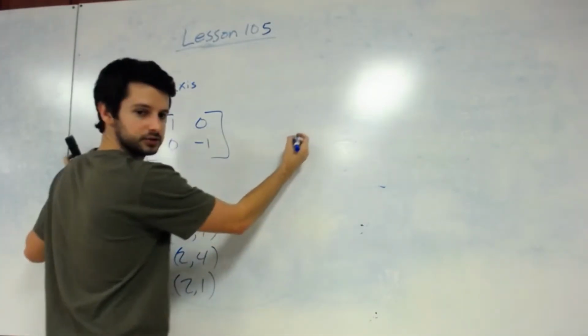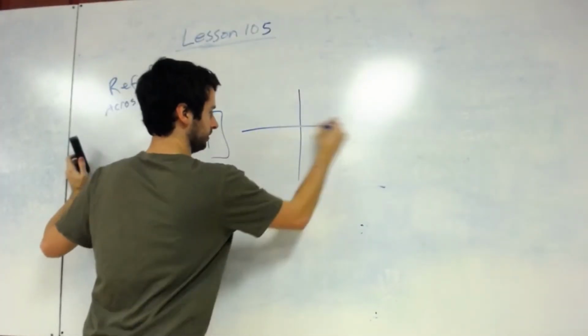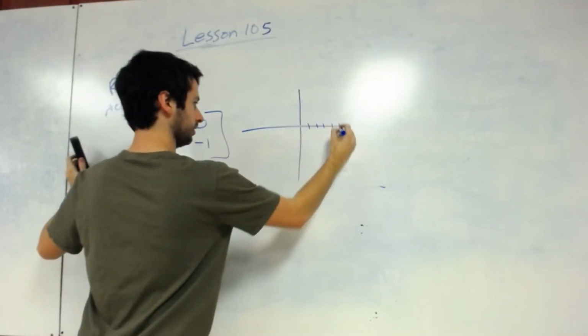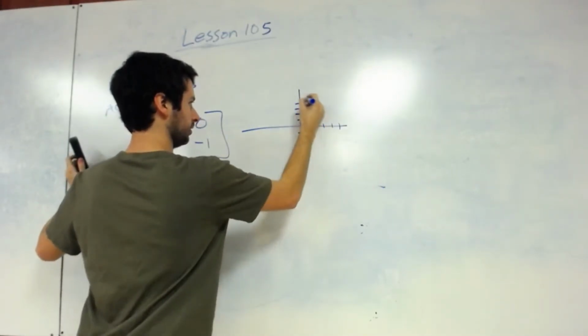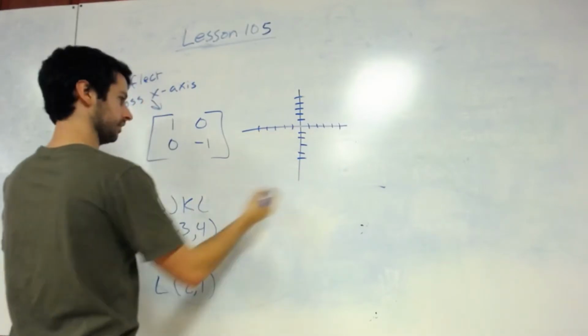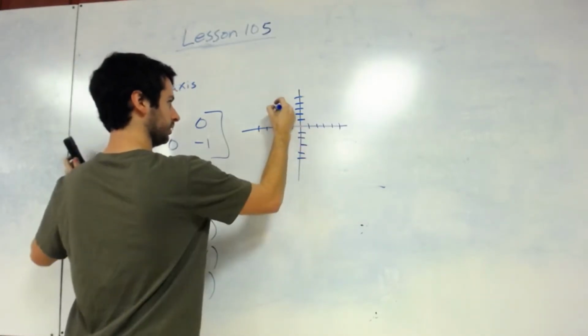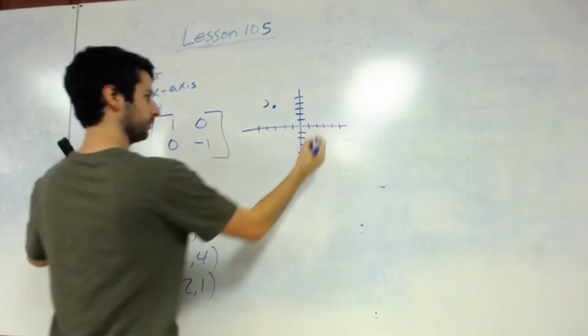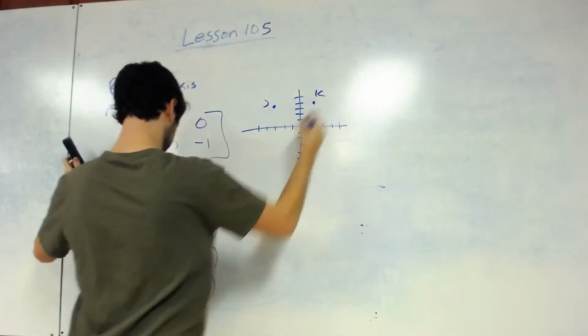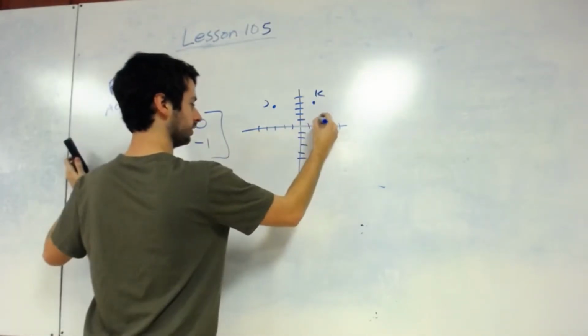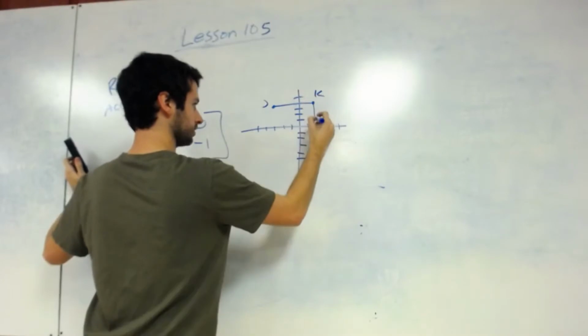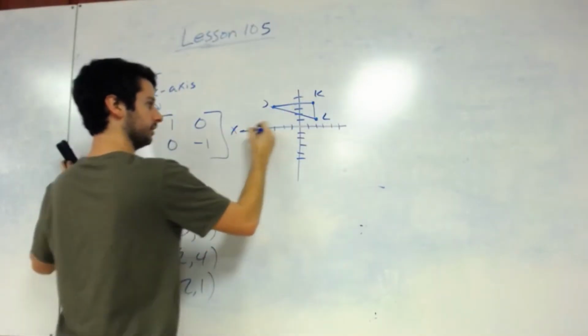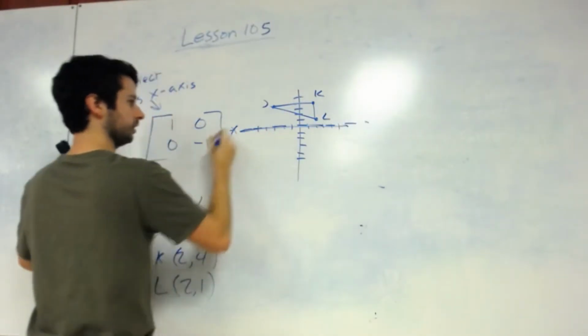If I draw it out, -3, 4 is J, 2, 4 is K, 2, 1 is L. So here's our triangle, and we want to reflect it across the x-axis.